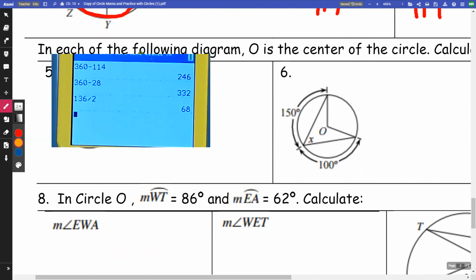On the next one, I know that this is going to be the rest of 360. So I basically have 250 that I'm going to be subtracting from 360. So I'm going to get 110 degrees. And so if I take half of 110 degrees, I'm going to get 55 degrees. So X is going to be 55 degrees.